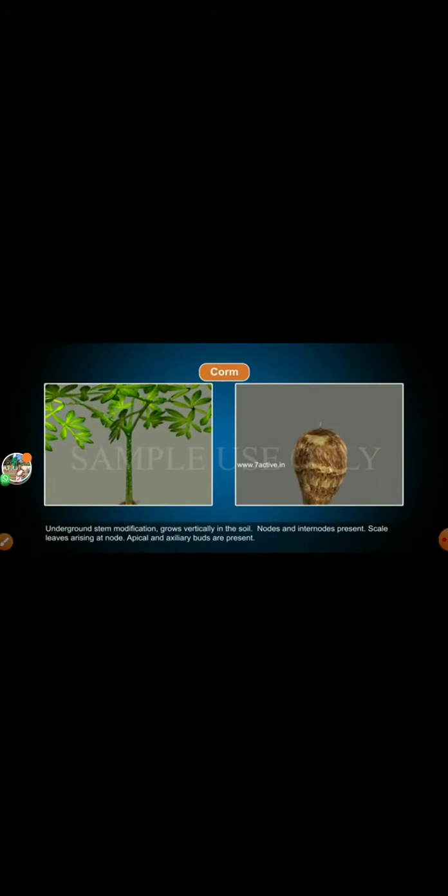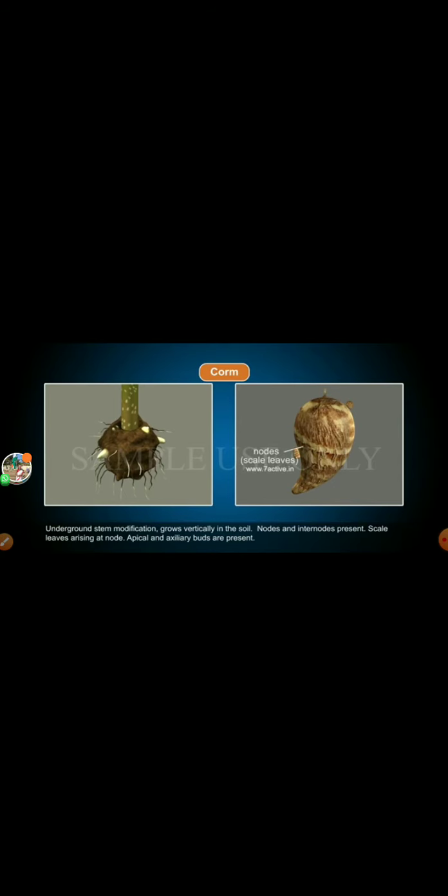Corm. Underground stem modification. Grows Stem. How vertically stem in can the grows soil. into new plant? Nodes and internodes present. Scale leaves are rising at node. Apical and axillary Corm. buds are present. Auxiliary roots produce daughter roots. Corm shows contractile roots, which are helpful to put the corm in distinct depth.